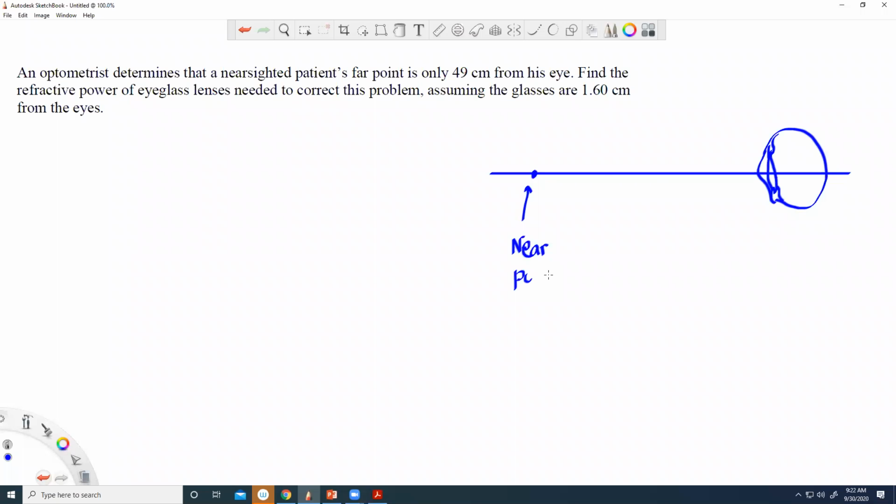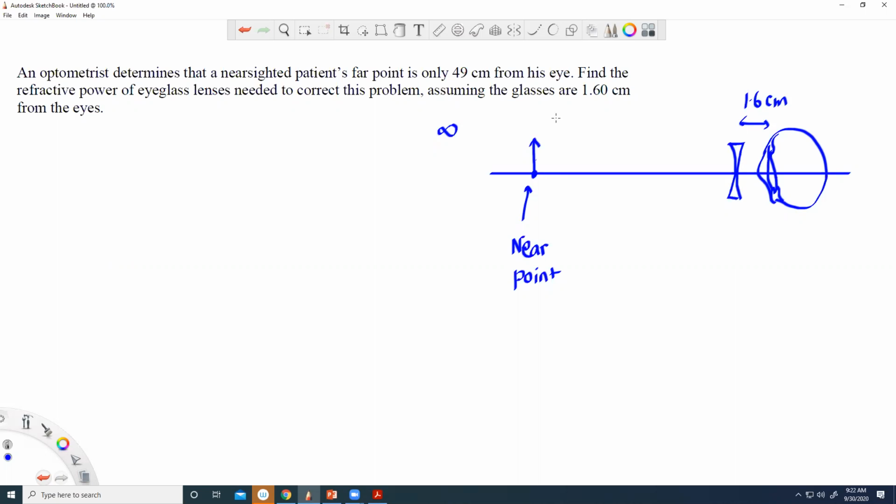Okay. Now, in order to correct this, you need to wear a diverging lens or concave lens. And the lens is 1.6 centimeters from the eye. Now, in order to see the object at infinity clearly, let's say you have an object far away here. In order to see that clearly, this lens needs to form the image at this far point, because you can see only up to that point.